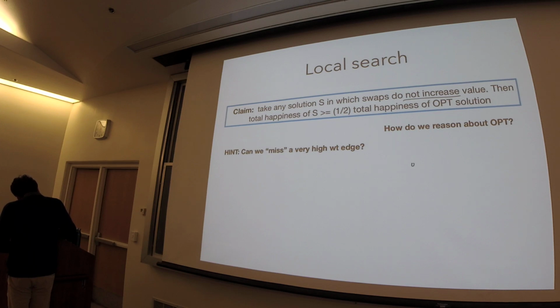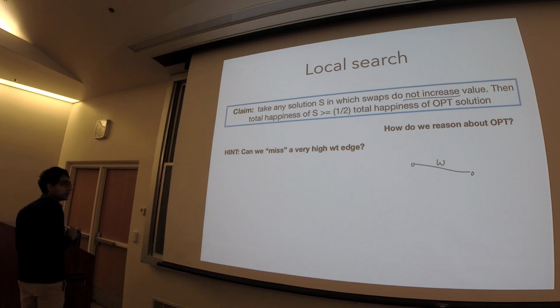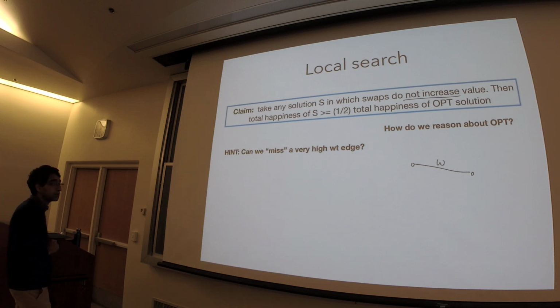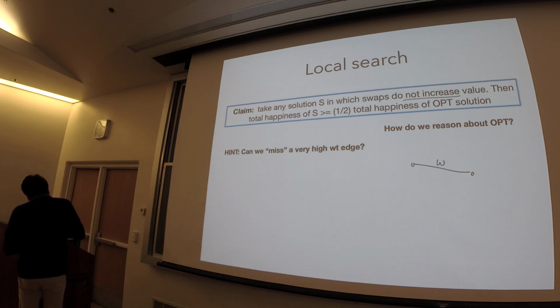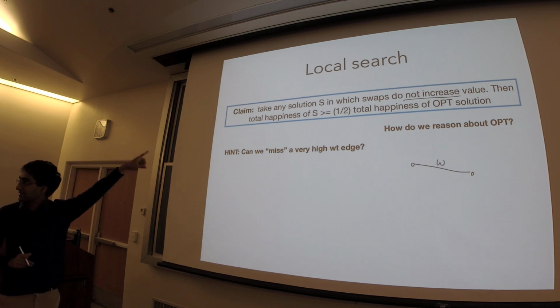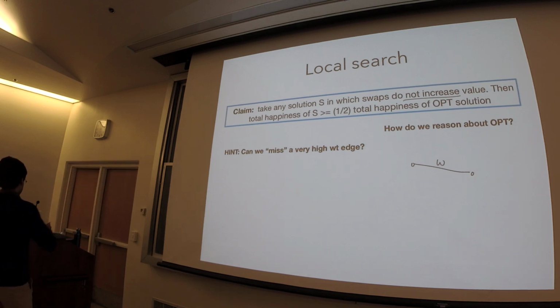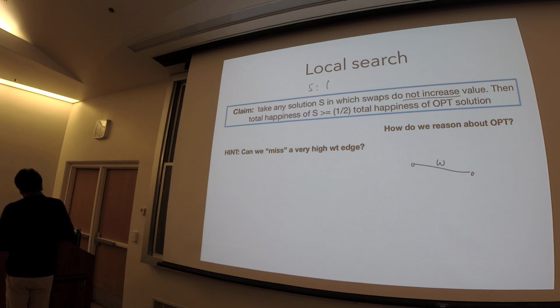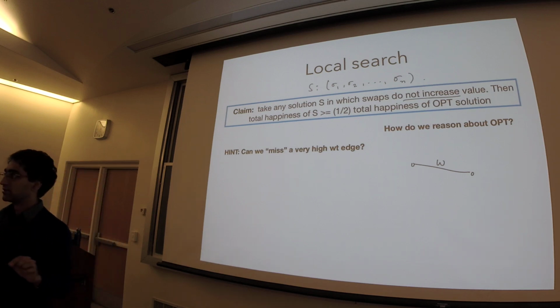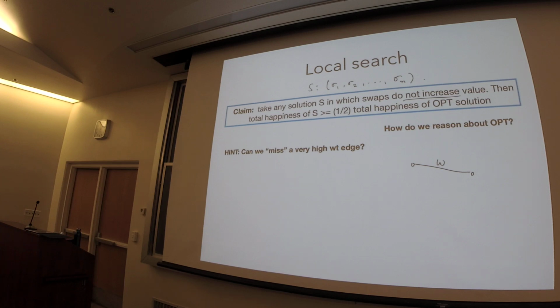So if you had any edge of weight some W, what I would like to claim is that in the solution S, let's say your solution S was given by sigma 1, sigma 2, and so on, where child I was given the gift sigma I, as we did before.